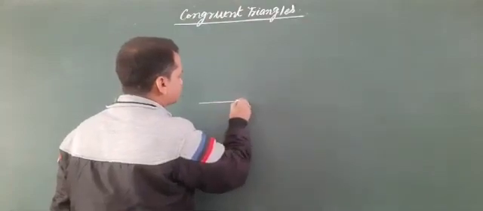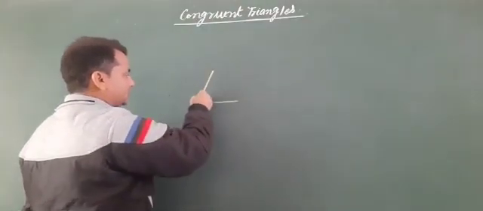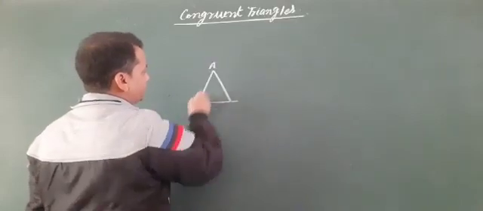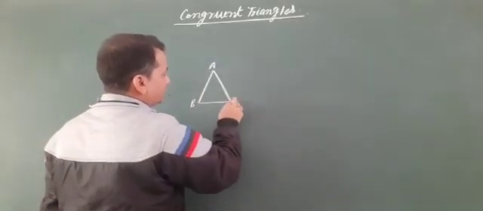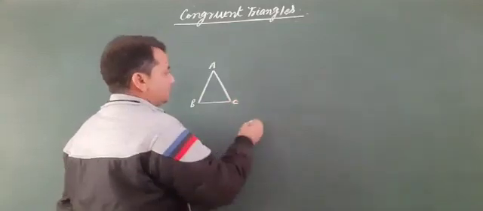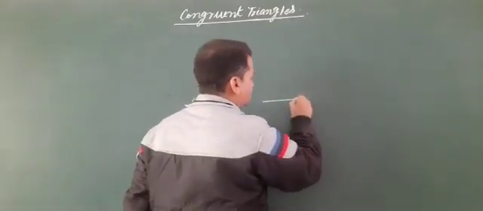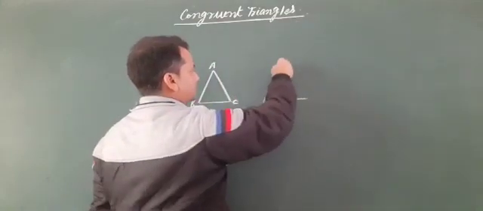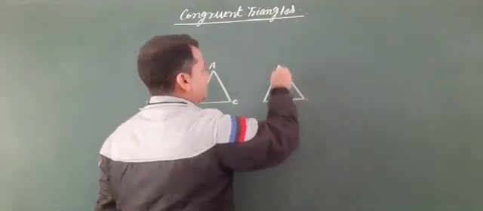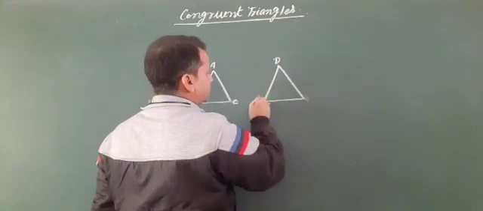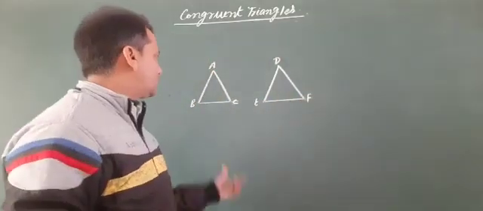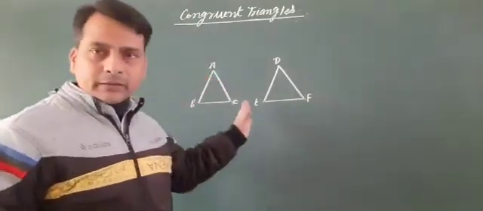Suppose triangle ABC, and now the next triangle, DEF. So the two triangles are given here.